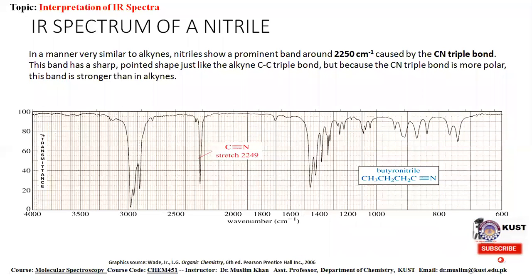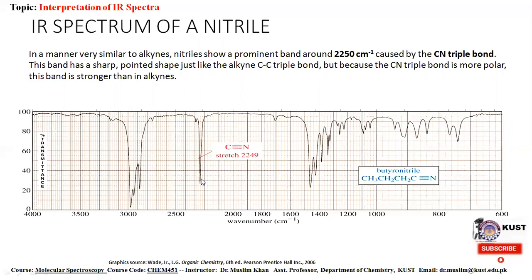In the IR spectrum of nitriles, in a manner very similar to alkynes, nitriles show a prominent band around 2250, caused by the carbon-nitrogen triple bond.